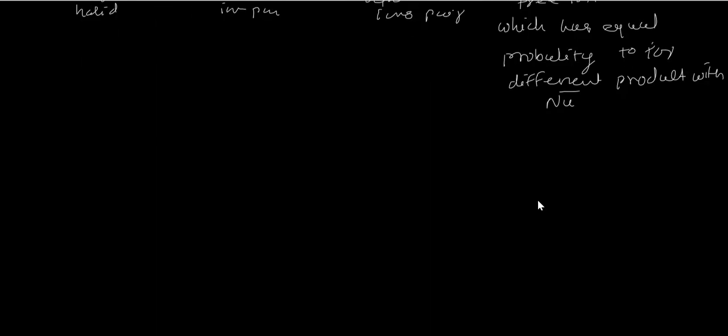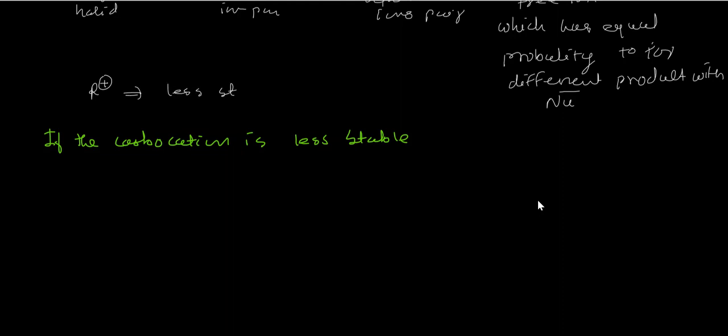So if the carbocation is less stable, so whatever carbocation is formed in the above reaction, suppose this R plus is a carbocation. Now here we are going to consider the first case, where it is less stable. Then it is attacked by nucleophile, right?